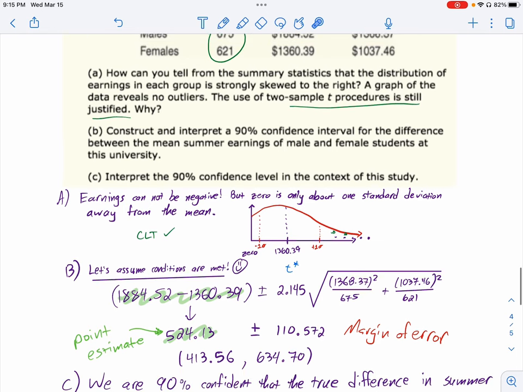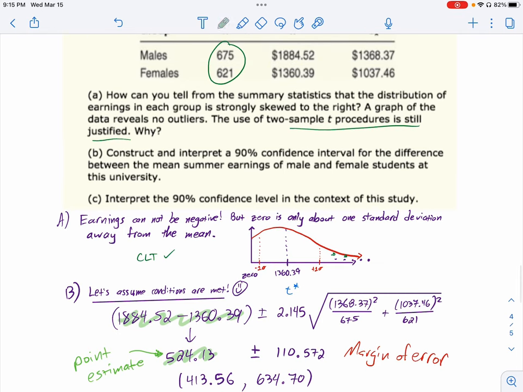This is going to be the T star again, okay? I have to look up the smaller sample size, so my degrees of freedom, df, is going to be 621 minus 1, which is 620, but that's not on the table. I have to go up. How far up? And I'm going to cross with 90.